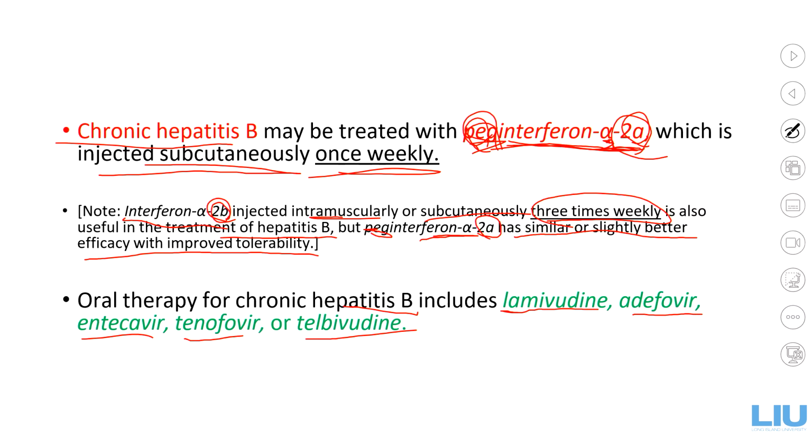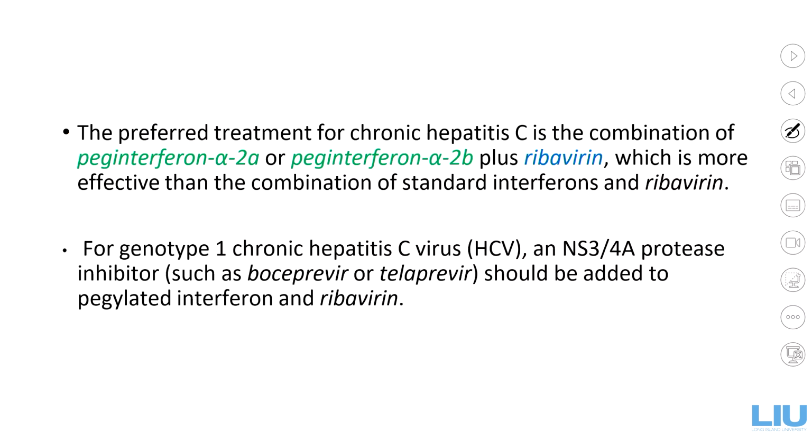Any questions about interferons? Okay. Now for hepatitis C, the preferred treatment is a combination of pegylated interferon 2A or pegylated interferon 2B plus ribavirin. However, I have to confess that I would leave those clinical informations to the therapeutic people, because I'm sure they have better, more updated information about what's the most common protocol to be used.